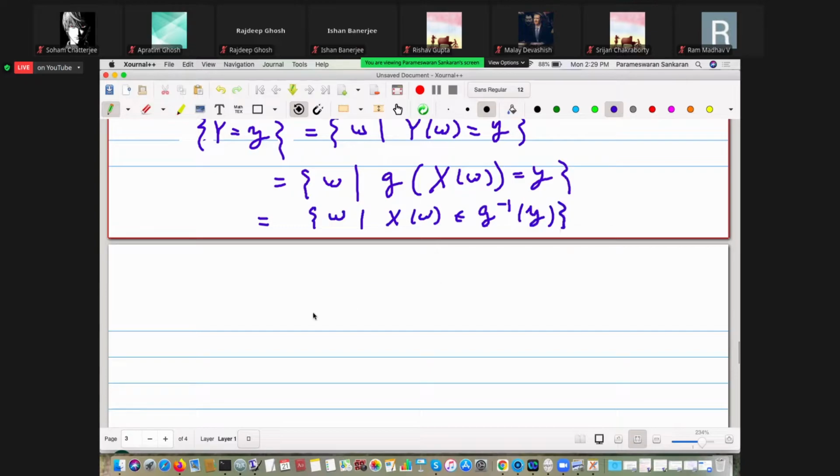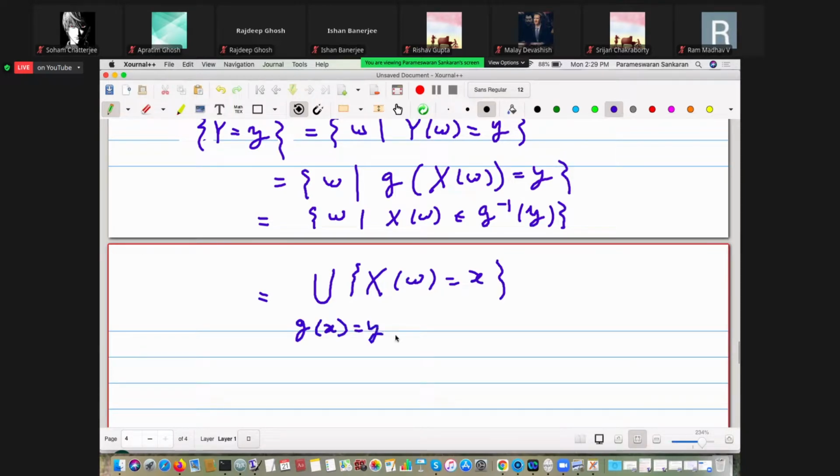And this you can rewrite as a union over x of the sets where X of omega equals x and g of x is equal to y.